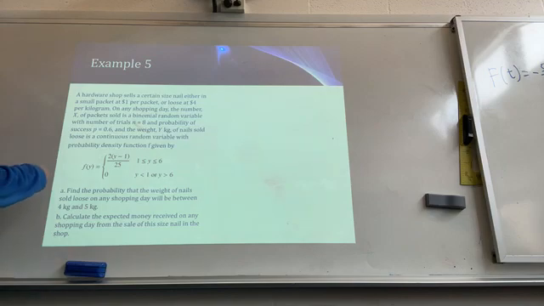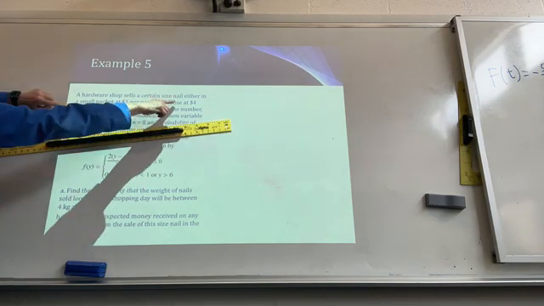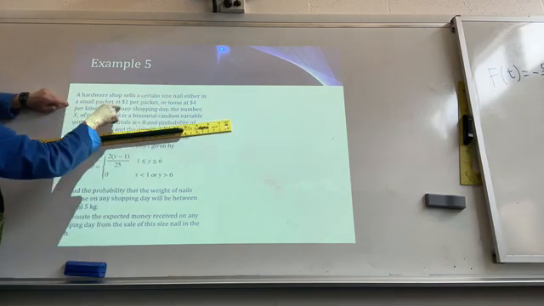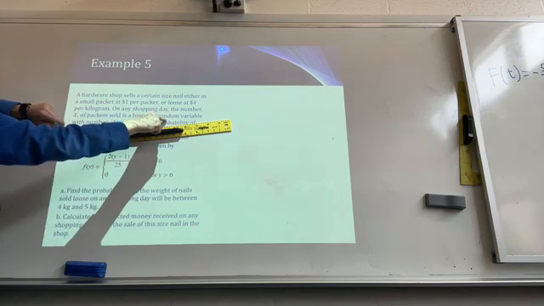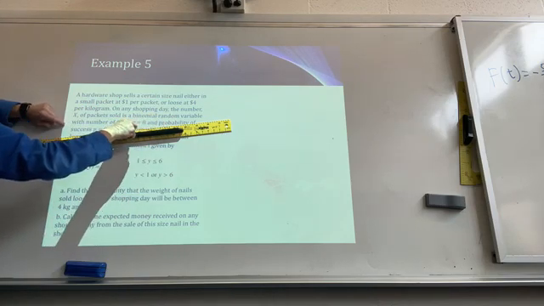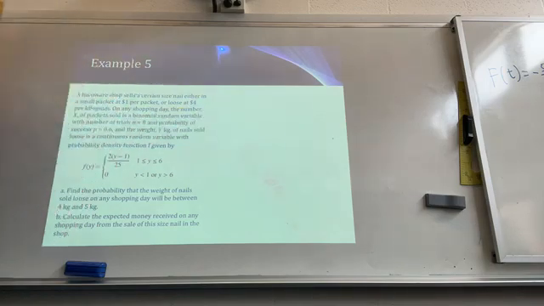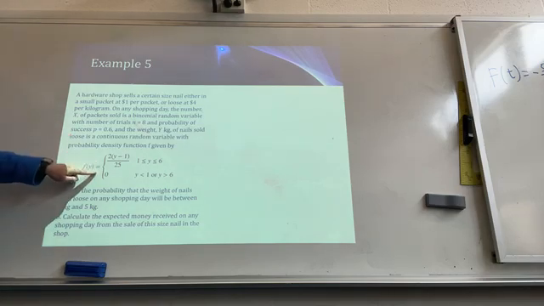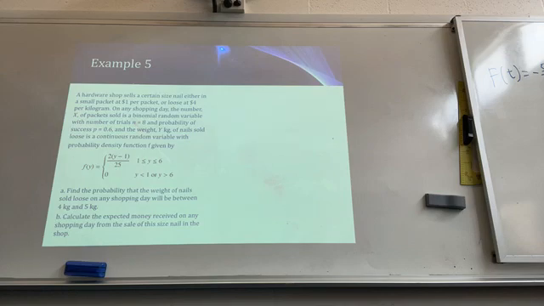All right. So you know that the small packet is binomially distributed and p is 0.6. Right? And the weight Y kilograms of nails sold loose is a continuous random variable with the density function, which is that one.